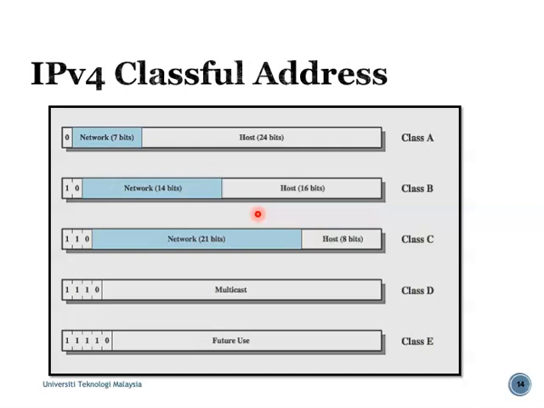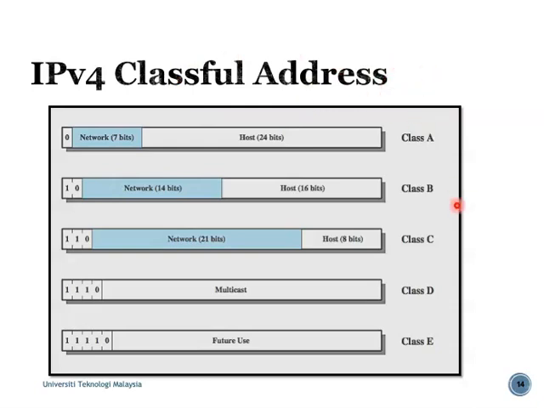I introduce you to classful addressing so that you can understand classless addressing in the next lesson, and understand the rationale for moving from the classful architecture to classless addressing.